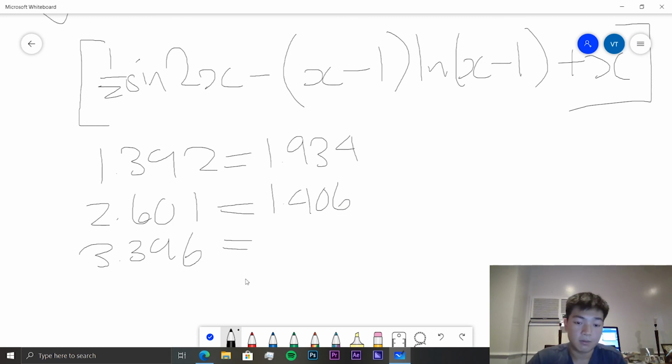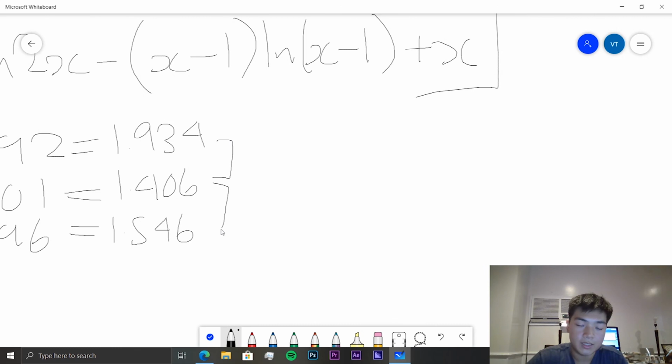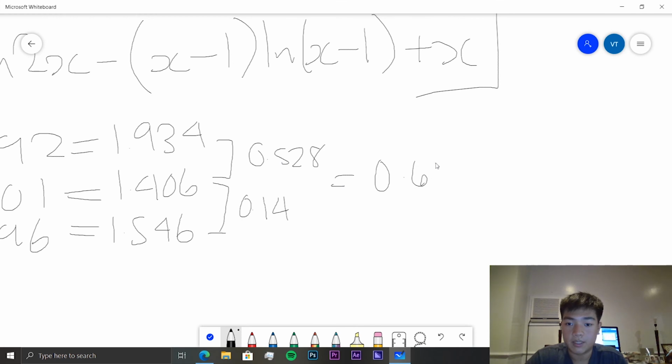So this is equal to around 1.546. If we get the differences between these limits, we get 0.528 and 0.14. If we add these two together, we get something like 0.668.